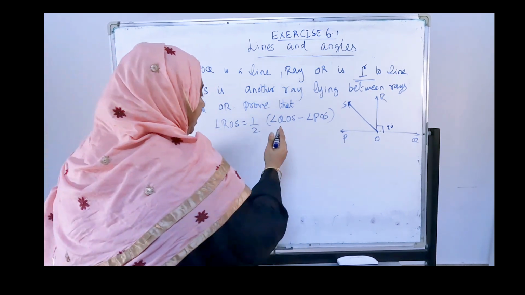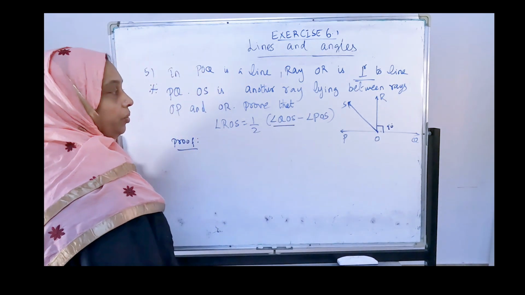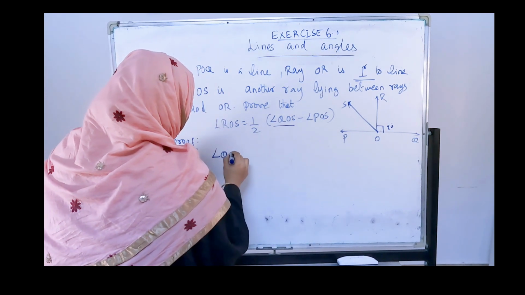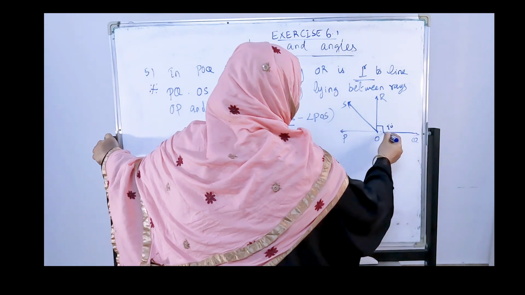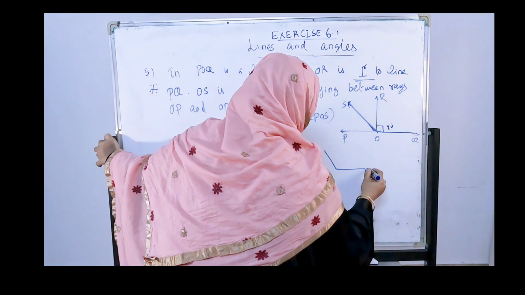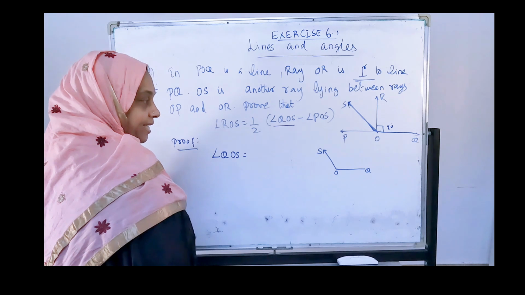First we will take the right hand side, find this angle QOS. Where is QOS? Angle QOS is here. I am drawing separately. Angle QOS. How can I write angle QOS?